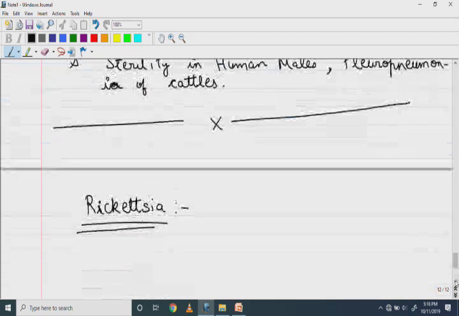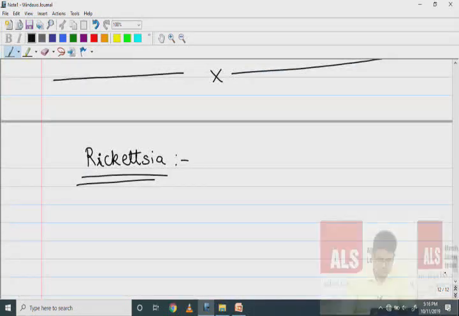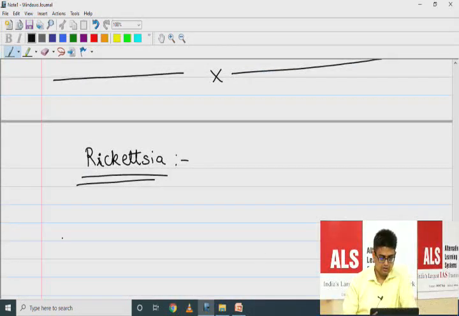Rickettsia. What happened was there was a scientist named Ricketts.